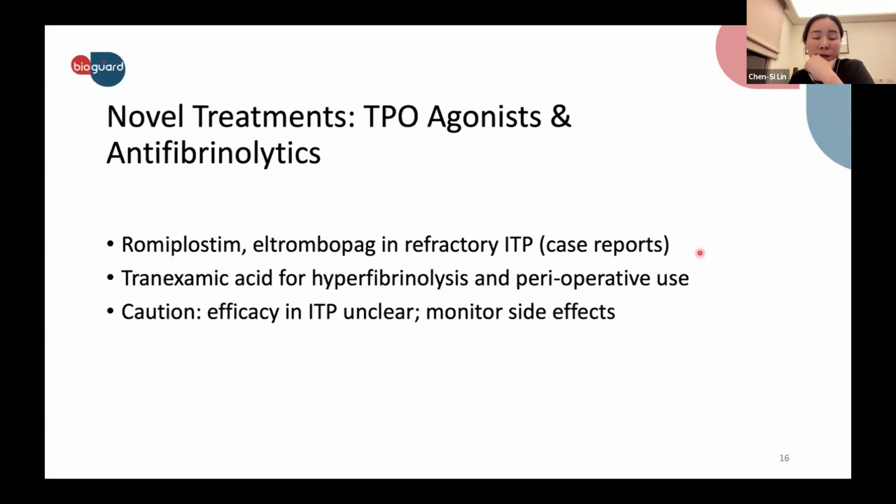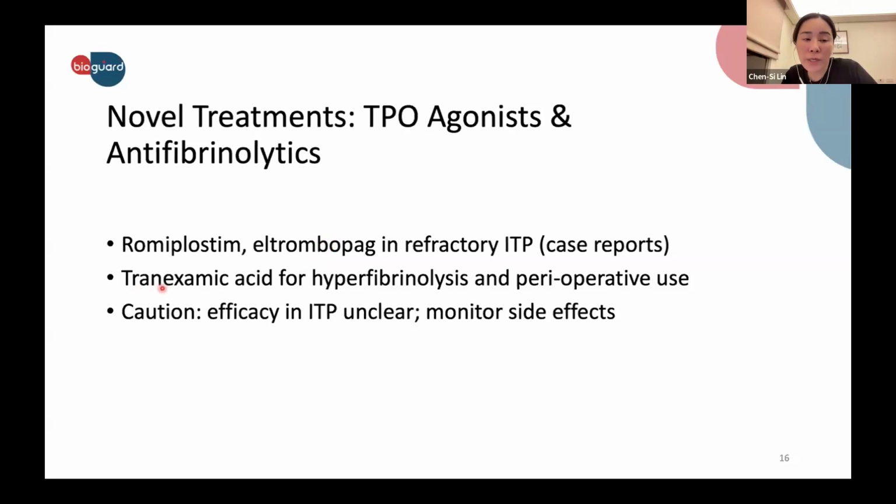In these cases they tried this kind of TPO agonist, and they found a much better outcome than with traditional treatment. And eltrombopag, in one case report, also helped one dog with aplastic pancytopenia.